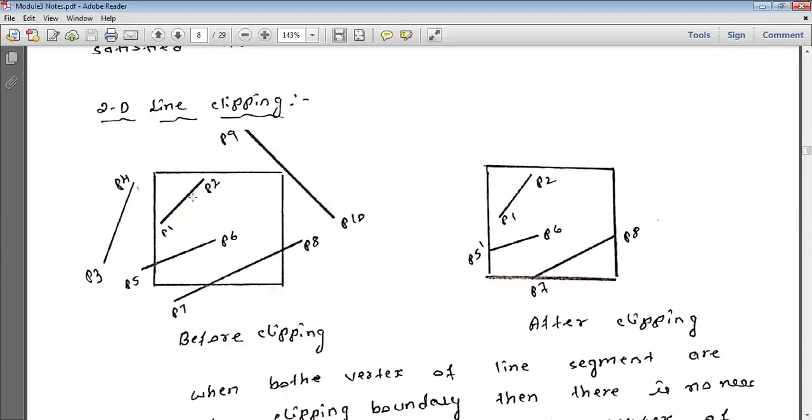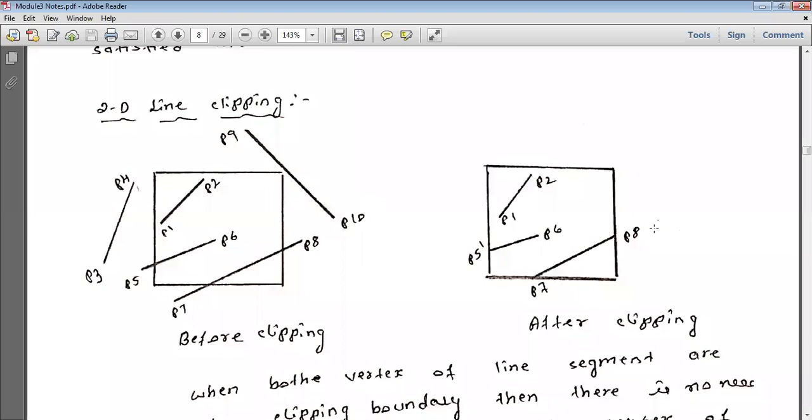What condition should I write in my program such that I retain the line as it is? What condition should I write such that I delete the complete line? And for the third condition, what algorithm should I write so that I can identify only the inner part of the line and eliminate or clip the outer part of the line?